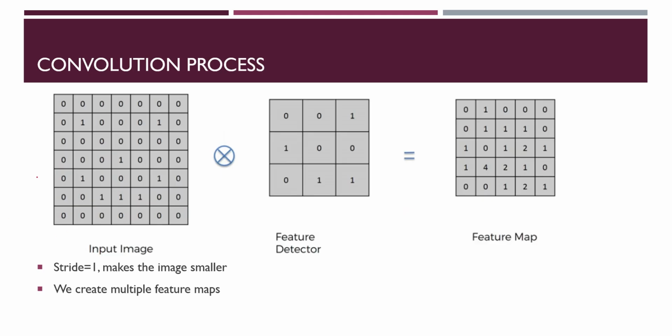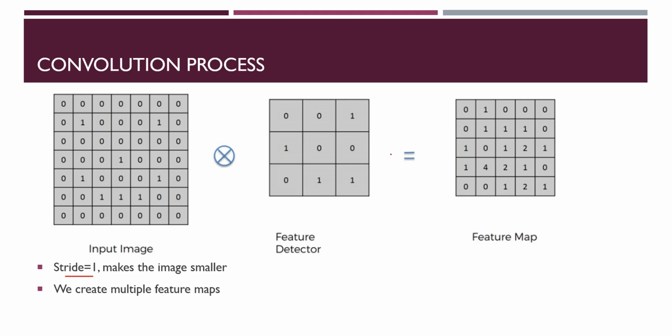So basically this convolution operation makes the image smaller. From a larger image, if you apply the convolution and take the strides, it will make it smaller. A stride of 1 makes it smaller, a stride of 2 will make it even smaller. As you can see in this diagram, this is the input image, this is the filter or the feature detector.